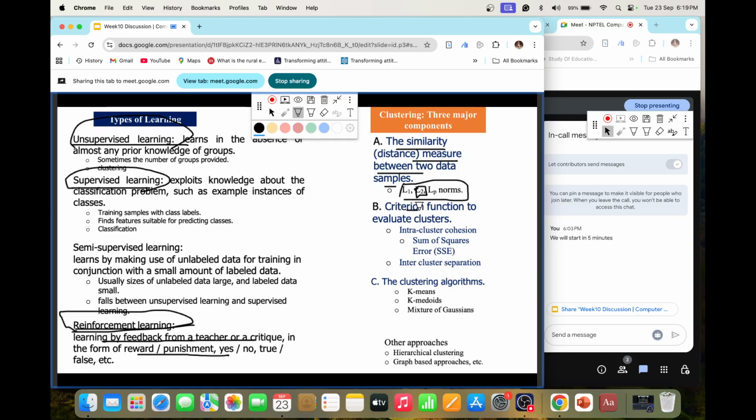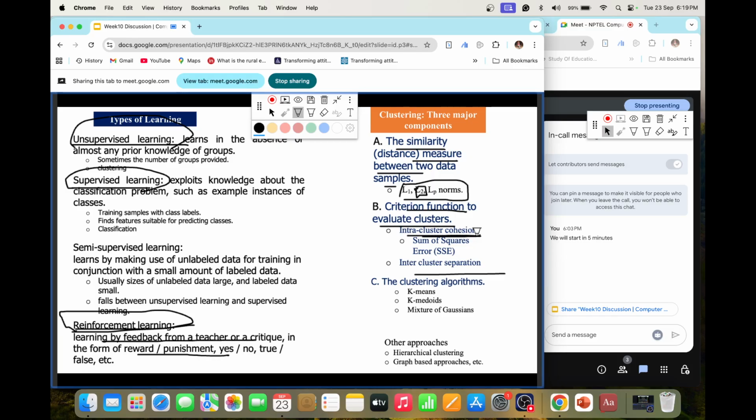Then the second component is the criteria function to evaluate clusters. Once the clusters have been formed, you have to evaluate whether this is a good cluster or a bad cluster. You do this by intra-cluster cohesion and inter-cluster separation. In the same cluster, you want the members to be very near to each other, and in different clusters, you want the members to be as far from each other as possible.